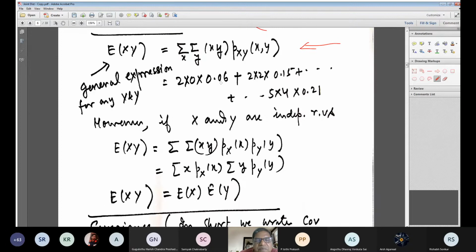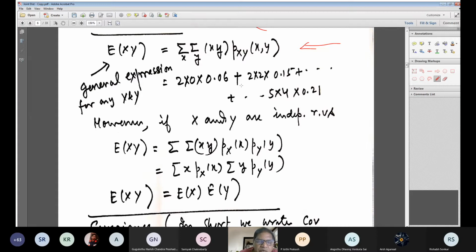The special case is that if x and y are independent, then we can get a simplified expression. Otherwise, you have to use this result to compute the expected value of xy.